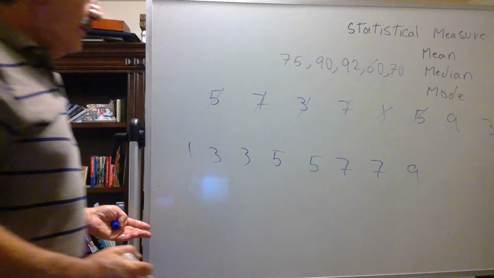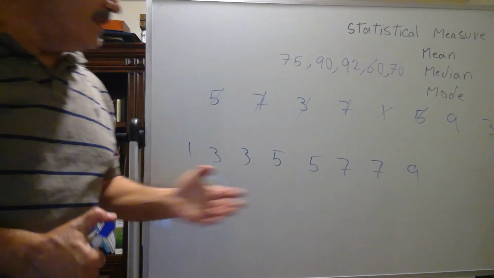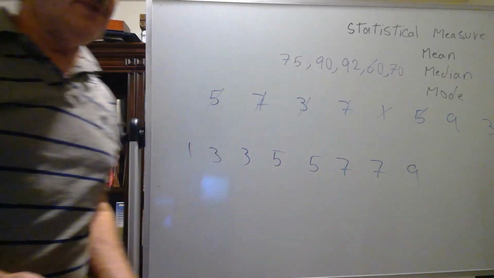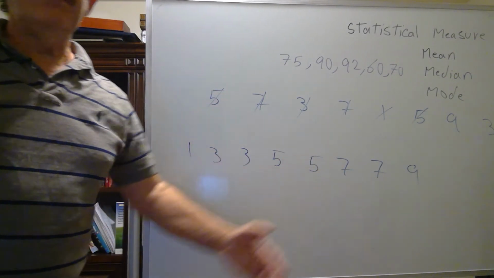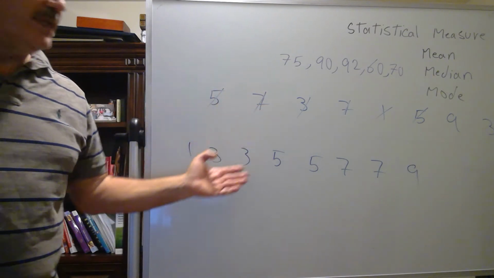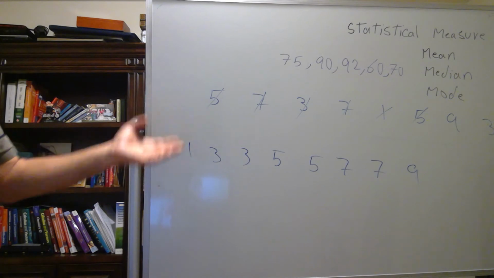Okay, so can you see 3 is repeated twice, 5 is repeated twice, and 7 is repeated twice. So what is the mode? 3, 5, and 7 are the mode. This series of data has 3 modes, which is sometimes weird.